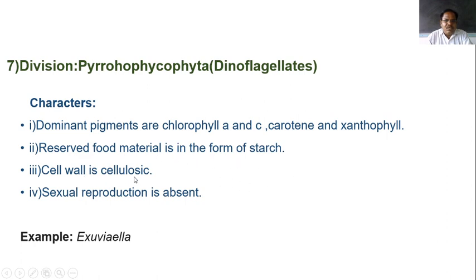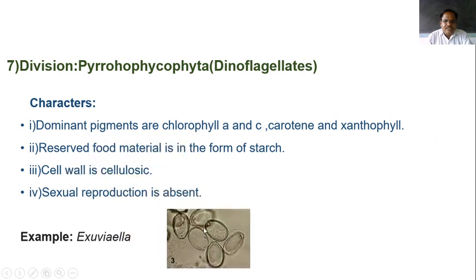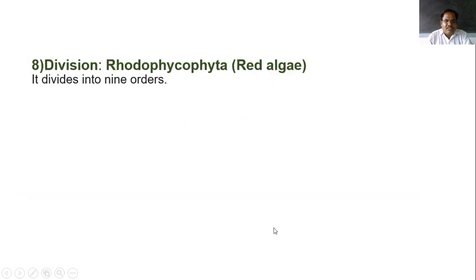The cell wall is cellulosic, and sexual reproduction is not found in this one, so it is absent. An example of this one is Exuviaella.